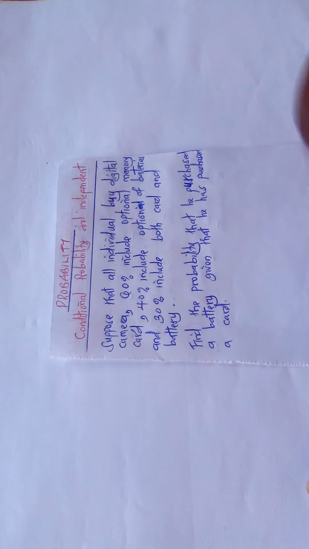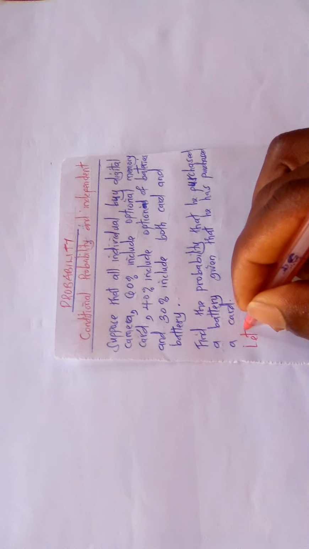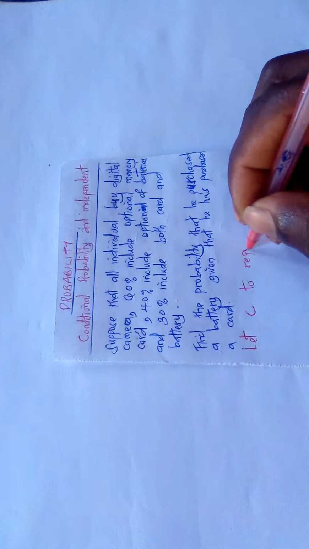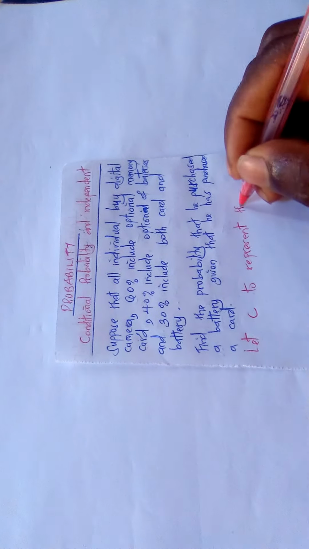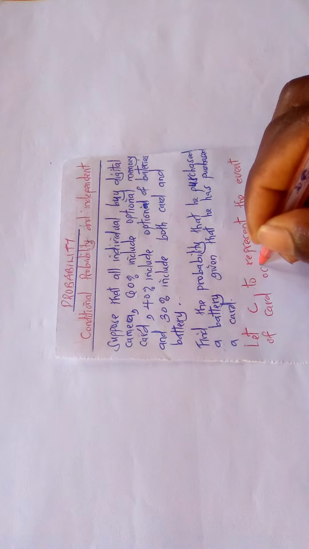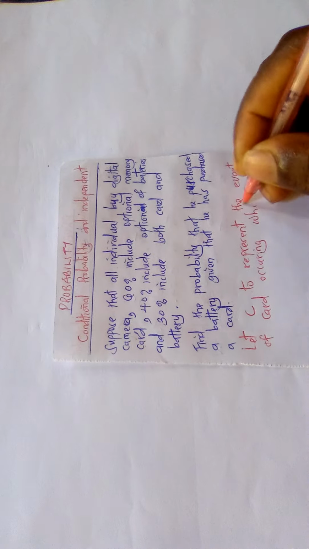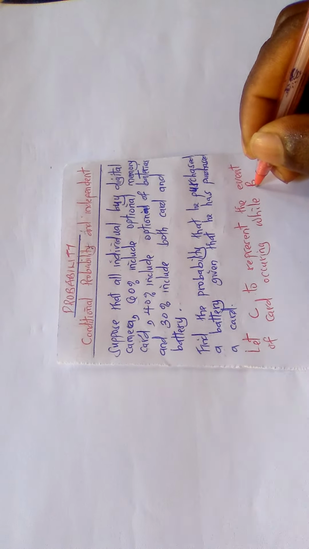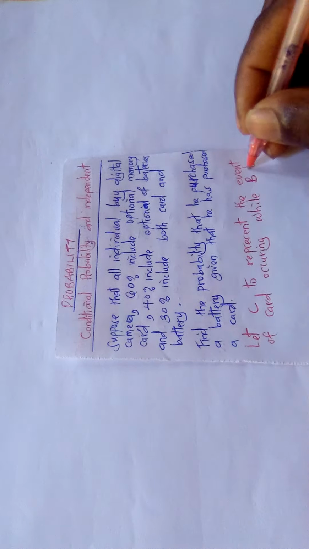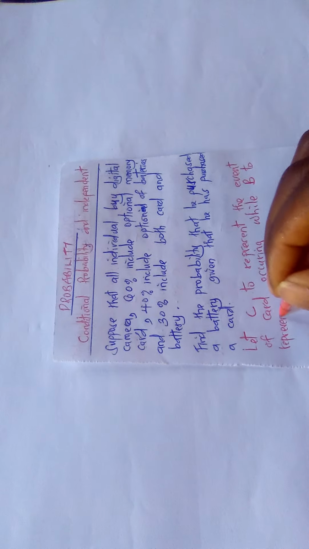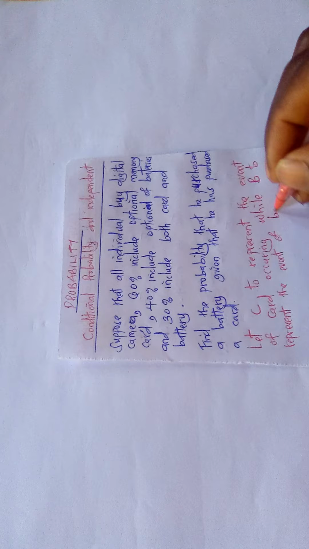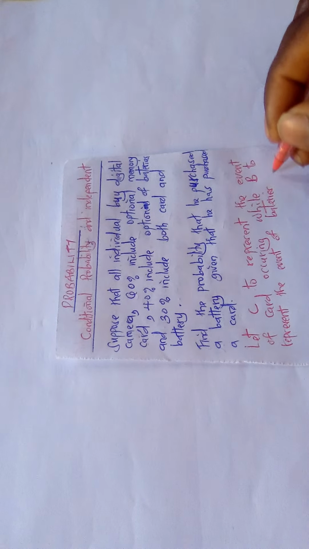So you shall just come here and say let C represent the event of a card occurring, while B, let me use a capital letter, while B represents the event of battery occurring.